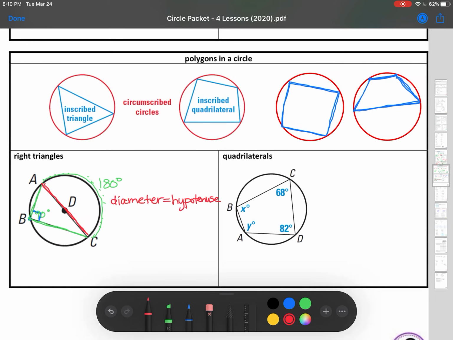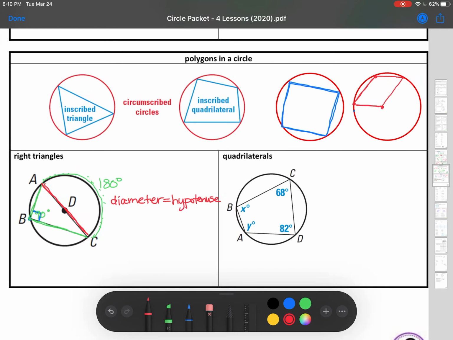And for quadrilaterals, this is kind of a crazy theorem. So actually not every four-sided shape will fit into a circle. Let's think about trying to draw a parallelogram in one of these. As soon as I get two sides to fit nicely in another side, as soon as I try to get this, do you see how that corner doesn't quite make it?